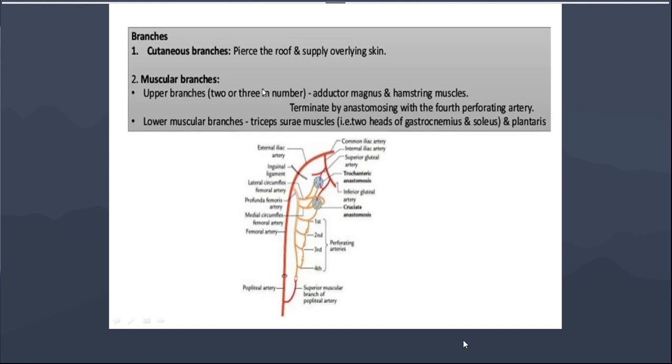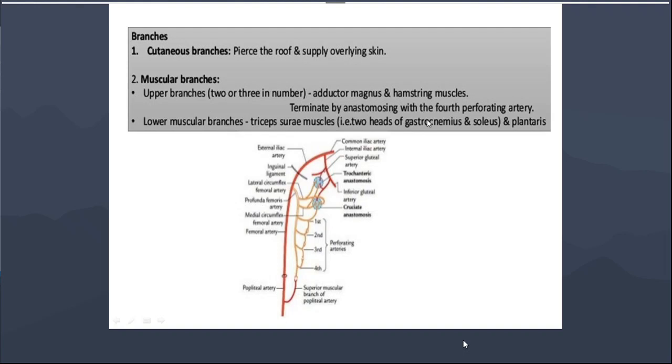And then the plantaris muscle. So the popliteal artery gives cutaneous branches, muscular branches to all these muscles, then the genicular branches. The genicular branches are the most important, please try to understand. Here, this is the popliteal artery. It gives five genicular branches.